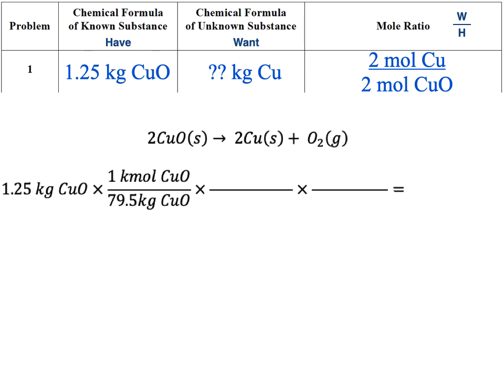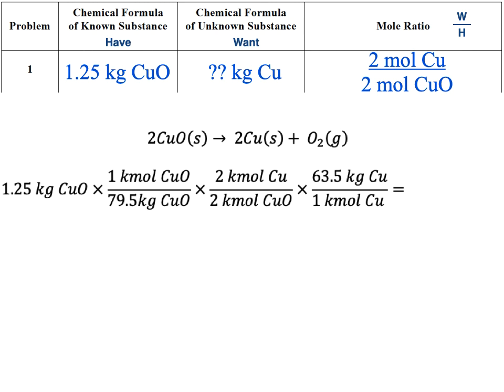So my next step is I'm going to use the mole ratio, which we have. We have 2 moles of copper 2 oxide and 2 moles of copper. So we already did this step back in section 1. The third step is I need kilograms of copper, so I look up the molar mass for copper, and that is 1 kilomole of copper is in every 63.5 kilograms of copper.